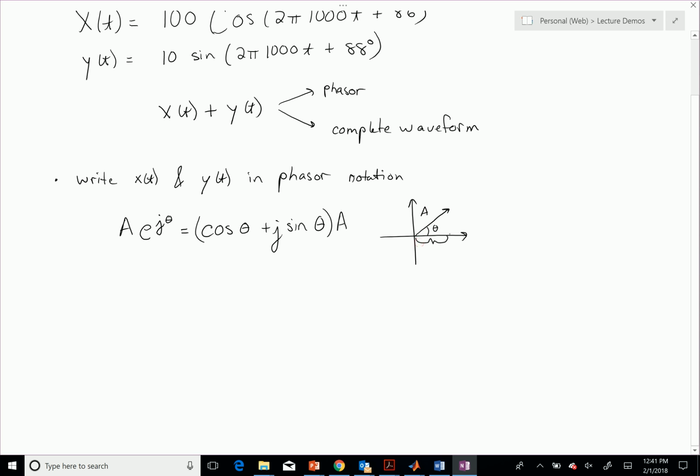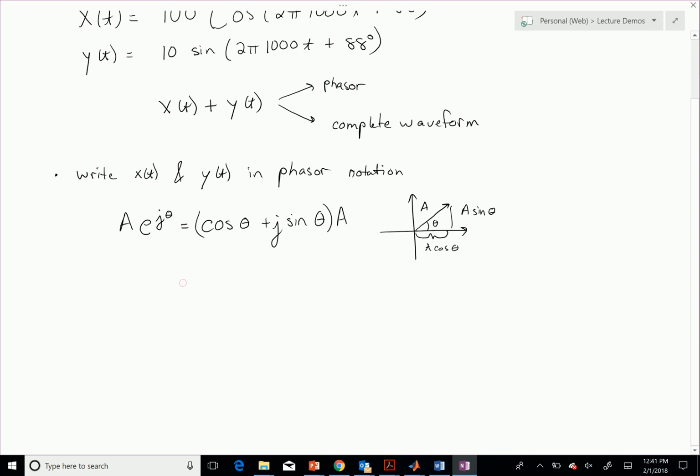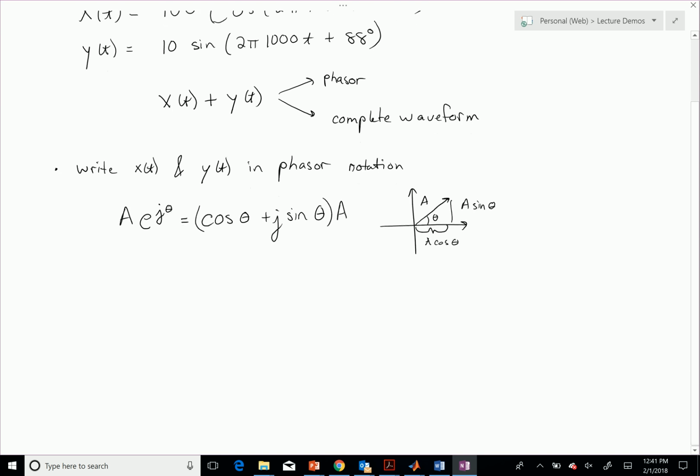So the real part is A cosine theta, and the imaginary part is A sine theta, right? It's just a way of keeping track of all of that. So I can look at x of t and y of t that way.